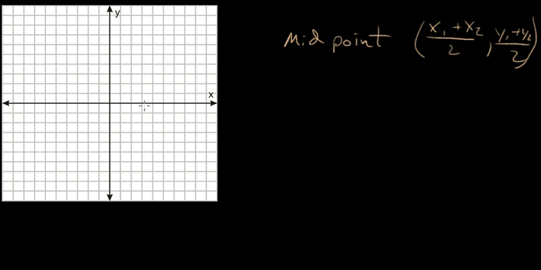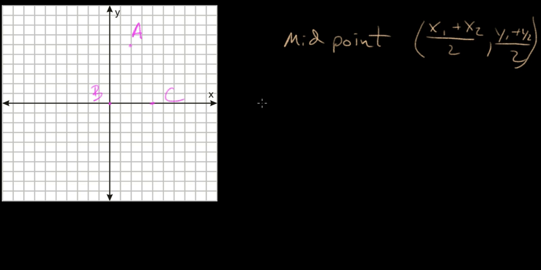What does that mean? Well, let's try 2 and 6. Make that point A. Point B is 0, 0. That's the origin, so that's point B. And point C is 4, 0. There's point C.